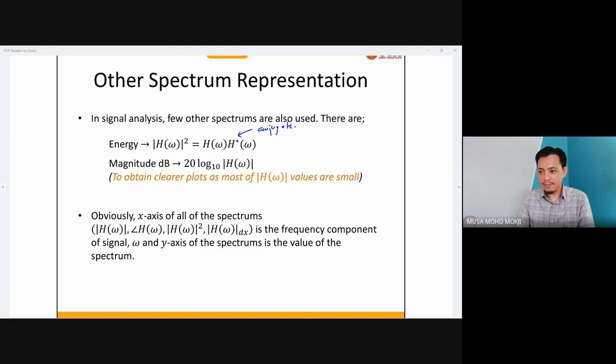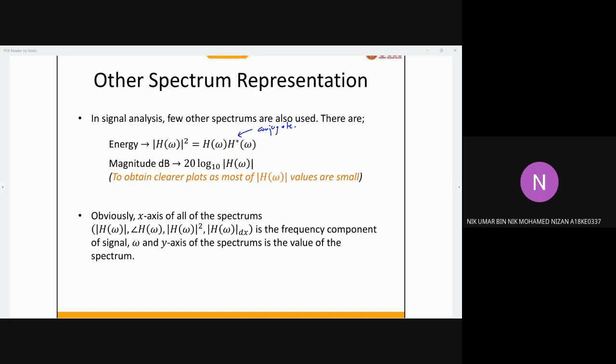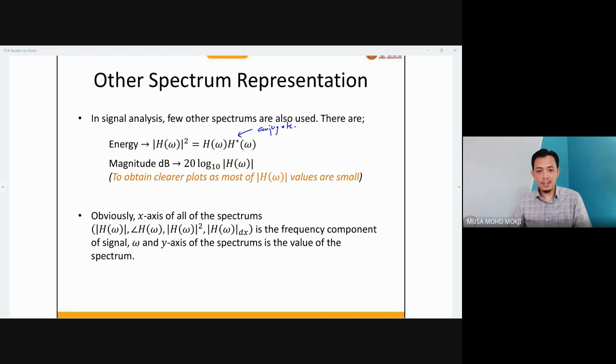Someone raised a hand? Yes, sir, I have a question. Yes, please. Converting to dB, is it the same as normalization? It's not normalization. When you say normalization, you change a value into a range of 0 to 1. Okay.